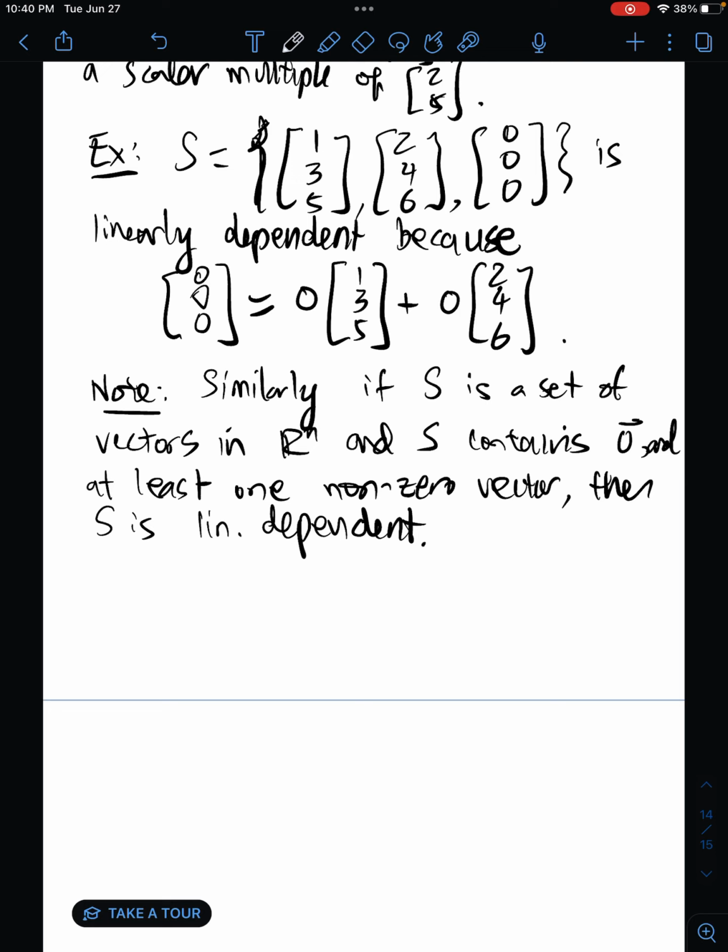I have to think about the concept of what happens if S is just the zero vector. By the other definition I have in mind, it would be linearly dependent.